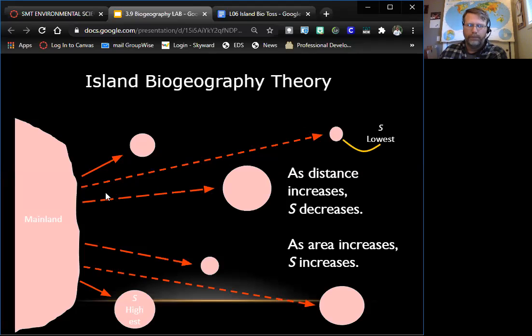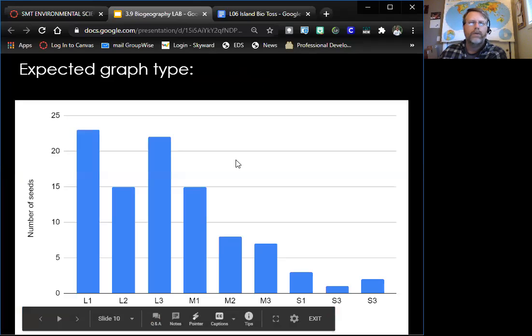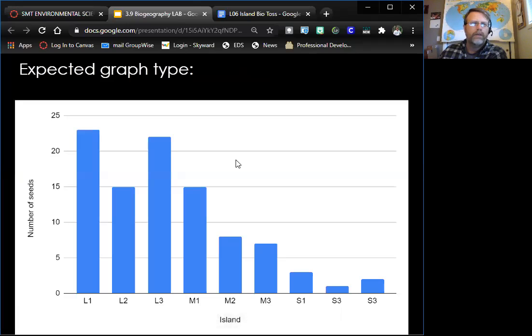Okay. And so the idea is hopefully we're modeling this just like we saw in our notes, as we looked at the area of the island and the distance from the mainland. When I did mine, like I said, I threw 30 seeds at each island.